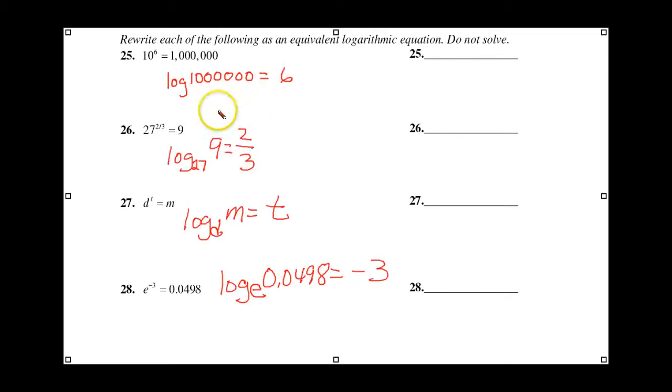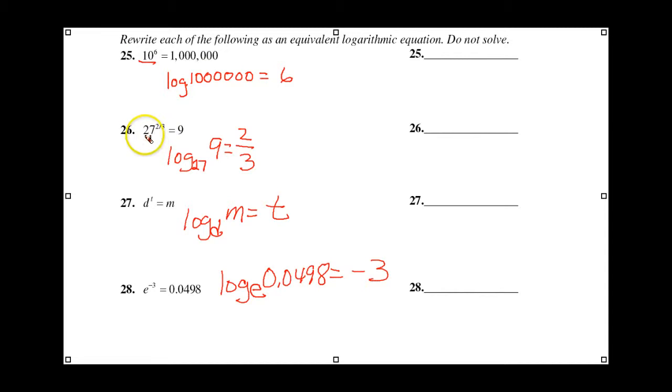Again, we want to rewrite each equation as an equivalent logarithmic equation. Do not solve. Well, in the other lesson, the PowerPoint, actually I solved them, but I will follow what they're asking me to do here. So I could have put a 10 here, but since this is the common logarithm, remember we don't have to put our base 10.